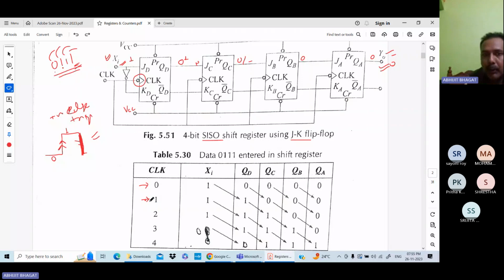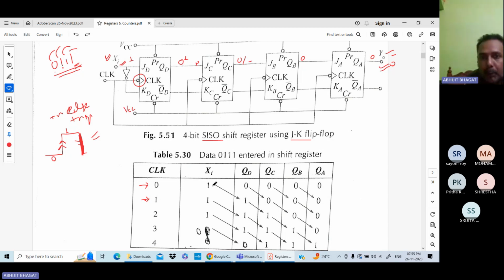When the first clock pulse comes, what was at Xi is shifted to this one. After getting the clock pulse, your flip-flop is executed and you get the output according to your input. Your output will be changed, so this one is shifted to this one.